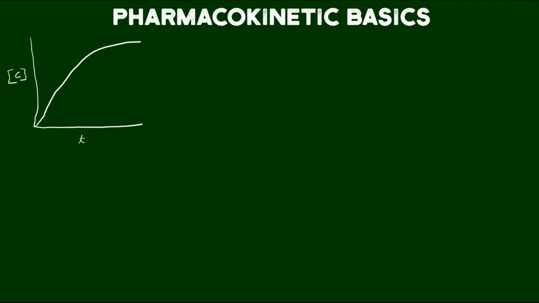On this graph we have concentration on the y-axis and time on the x-axis. And then what we have is a depiction of concentration increasing over time until it reaches a plateau.